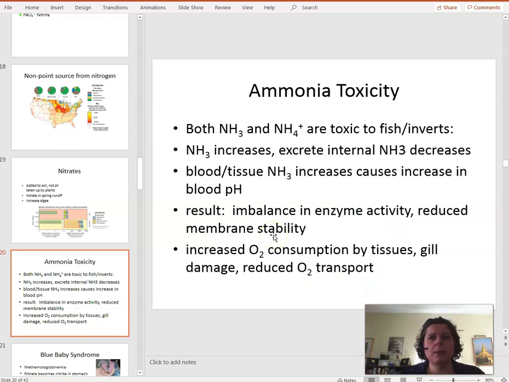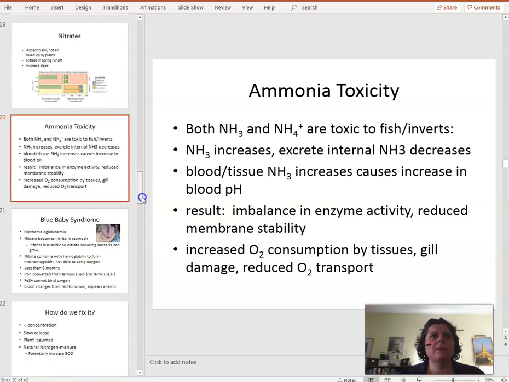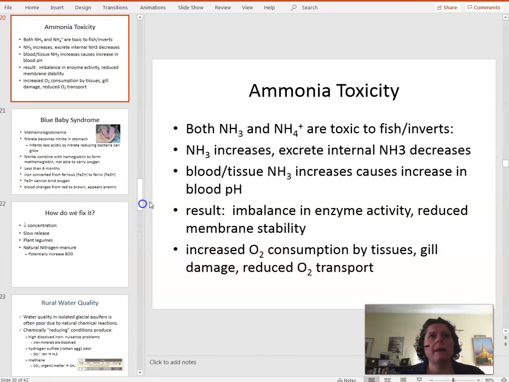Some of the reasons we want to remove nitrogen from our system is because of toxicity. Ammonia toxicity: there is both ammonia and ammonium. It's toxic to fish. As this builds up, this is why, with your goldfish, you've got to clean out the tank, because you'll get a buildup of this ammonia and it'll kill your fish. Goldfish are generally like carp and they can survive almost anything. That's why they survive so long at homes.